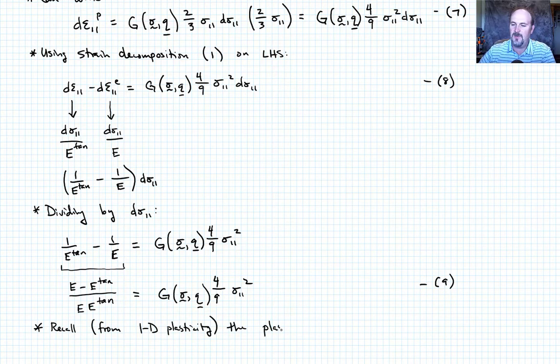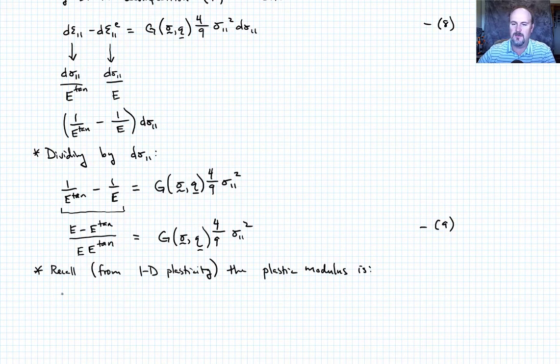The plastic modulus is defined as H equal to E times E tan divided by E minus E tan. We call that equation 10.